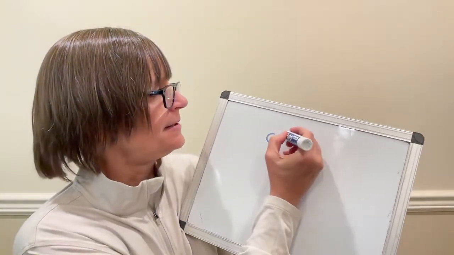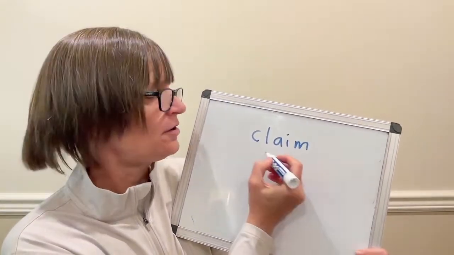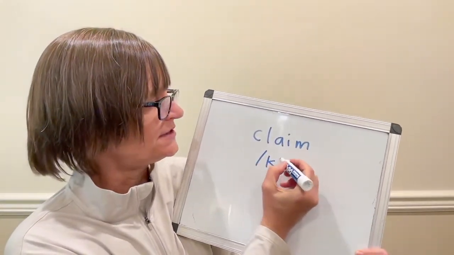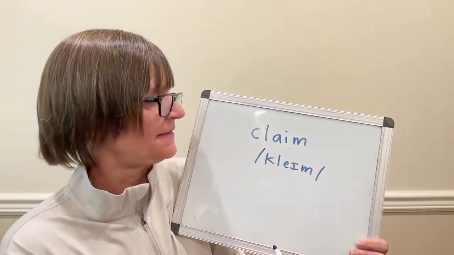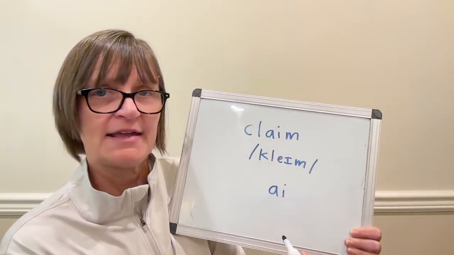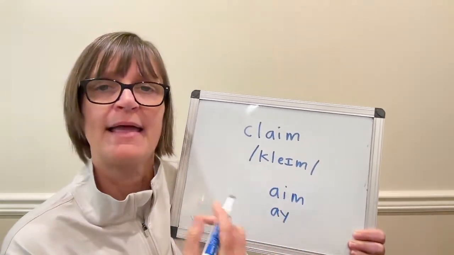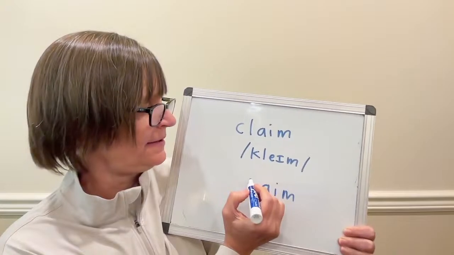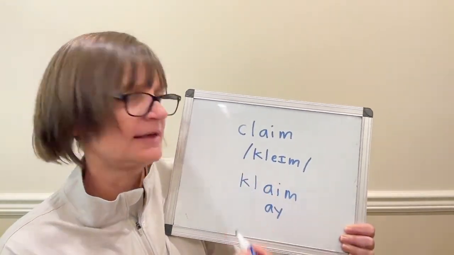Okay, we have a question about the word claim. So we have the A vowel here, one syllable, and the sound at the end. So I would say build that from just A, or you can think about it like A, then add your M, aim, add your L, lame, add your K, claim.